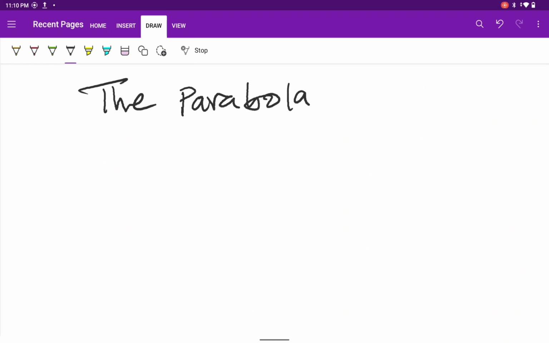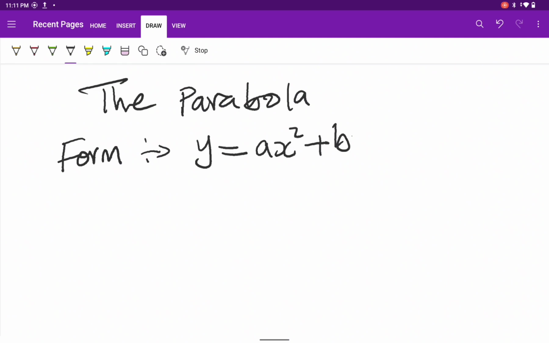Now, as usual, let's look at the form of a parabola. We are going to look at the two forms of a parabola. The first one is y equals ax squared plus bx plus c. So this is a quadratic. So a parabola is quadratic.